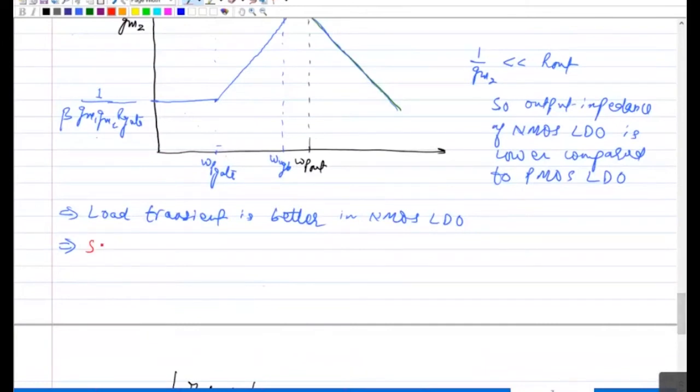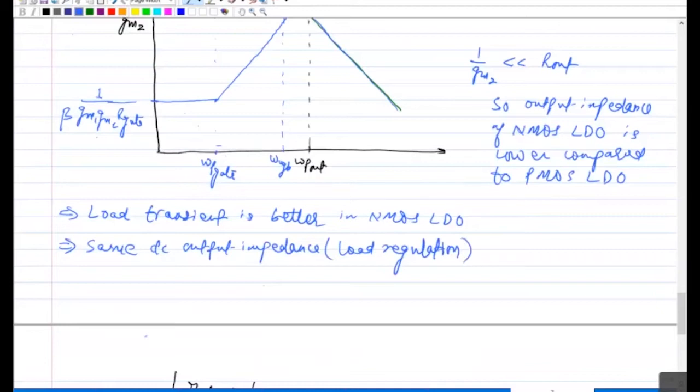So the DC output impedance, which I can say is the small signal load regulation, is the same for the same gain of the error amplifier, which we call AO1.